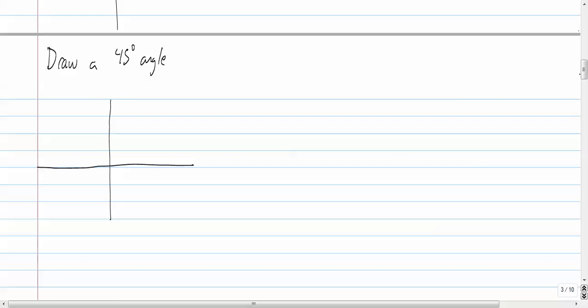So a 45 degree angle measure is going to be half of what the 90 degree angle measure was. And since we know that a 90 degree angle measure is 1/4 of a revolution, a 45-degree angle measure would be 1/8 of a revolution, or just half.